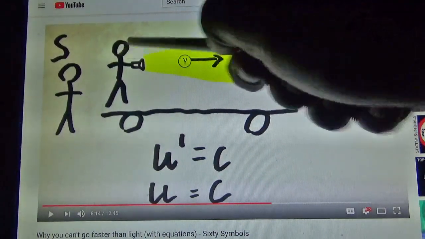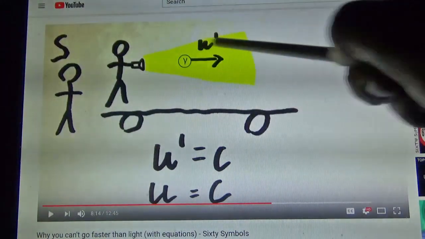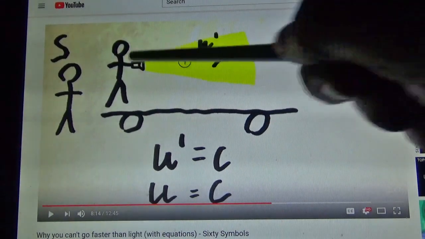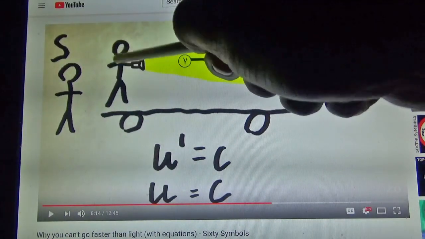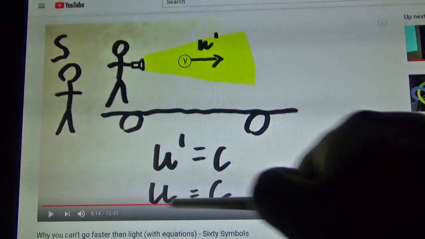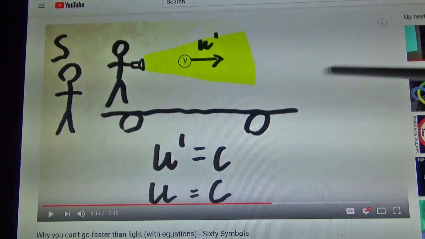So, he's saying the speed of the light relative to him is c. This person here, what's he saying? Is he saying the speed of the light is c relative to this person? Well, that would make sense. Or is he saying the speed of light is c relative to himself?